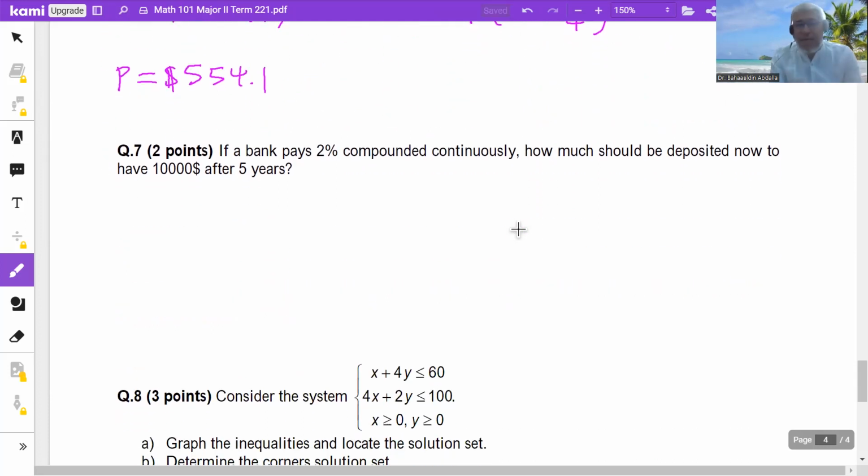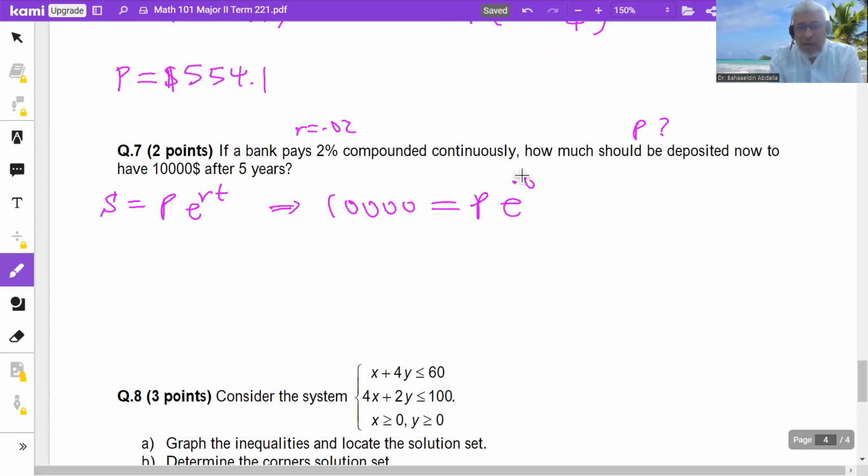If a bank pays 2%, so that's R is 0.02, compounded continuously, so the formula is S equals P e to the RT. How much should be deposited now? So he is asking about P again to have 10,000. So $10,000 is S, the future value after 5 years.